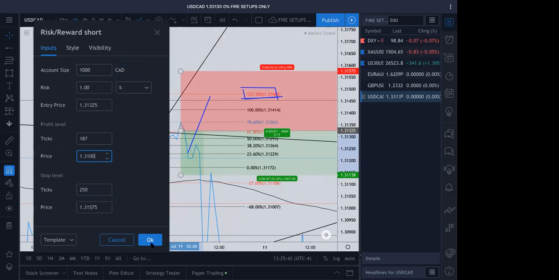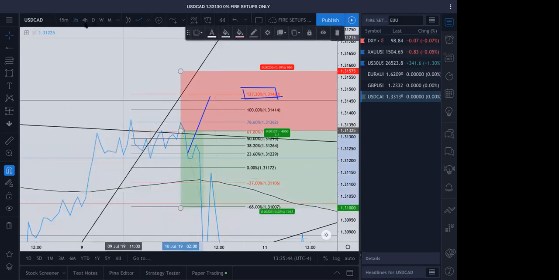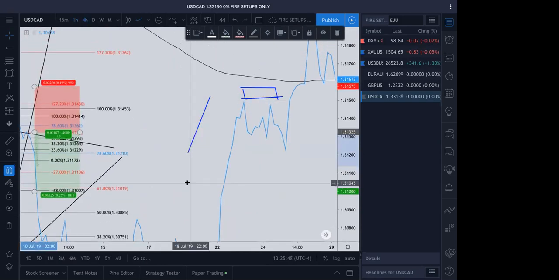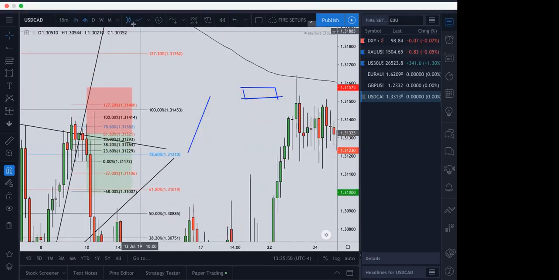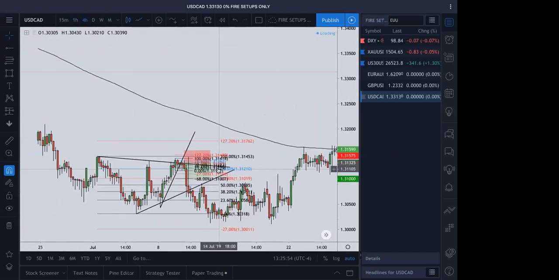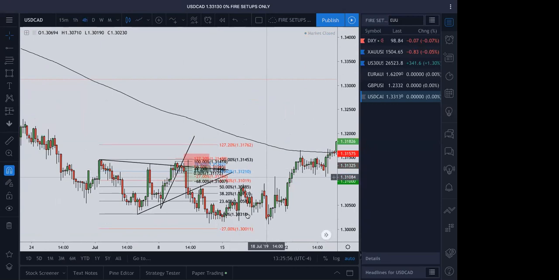Let's try to find where is the minus 27. There is the 27. What is the take profit number? 1.3 thousand or whatever it is. 1.30.2.